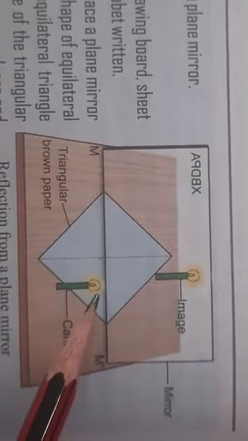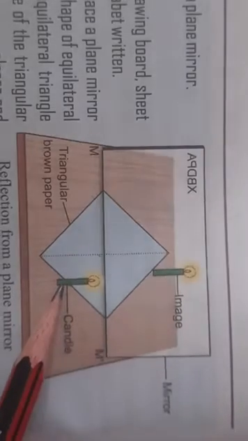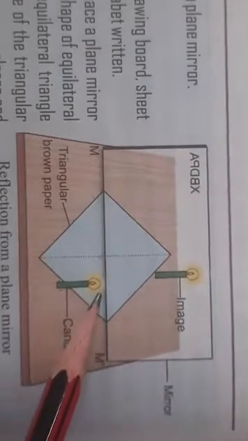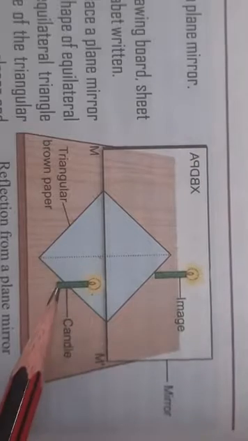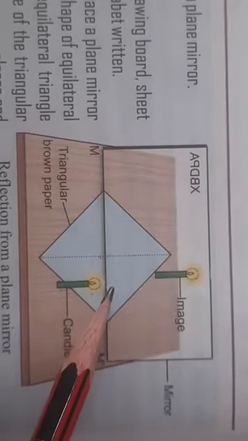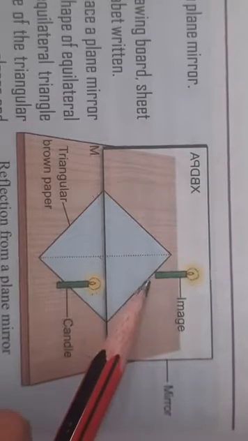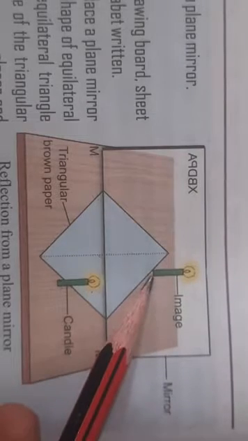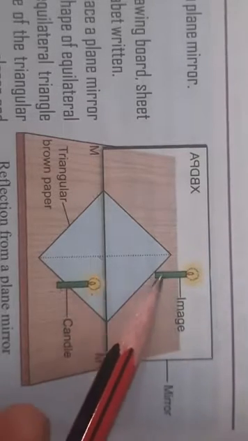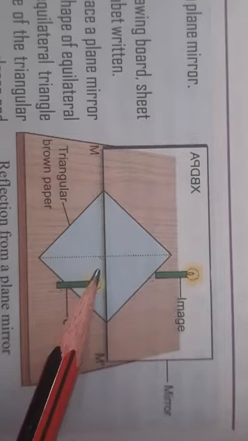The image in the mirror is at the same distance as the candle is in front of the mirror. That means whatever the distance from the candle to the mirror, say it is 5 centimeter, the image formed behind the mirror will also be 5 centimeter away.